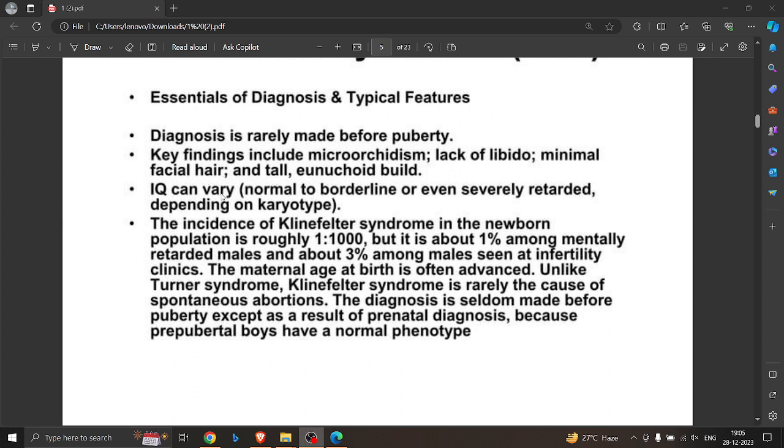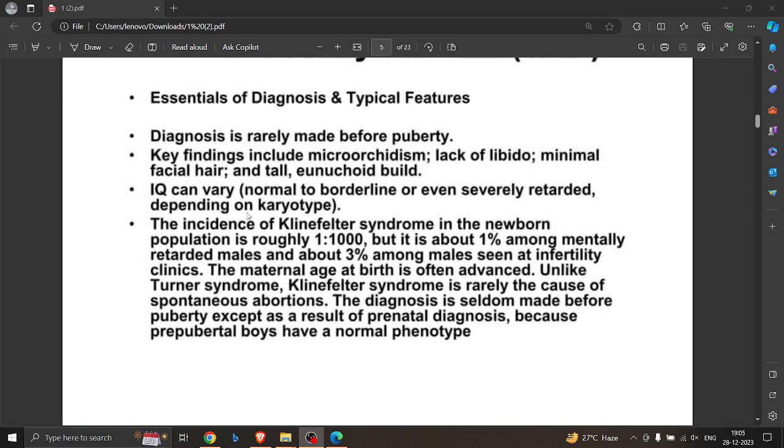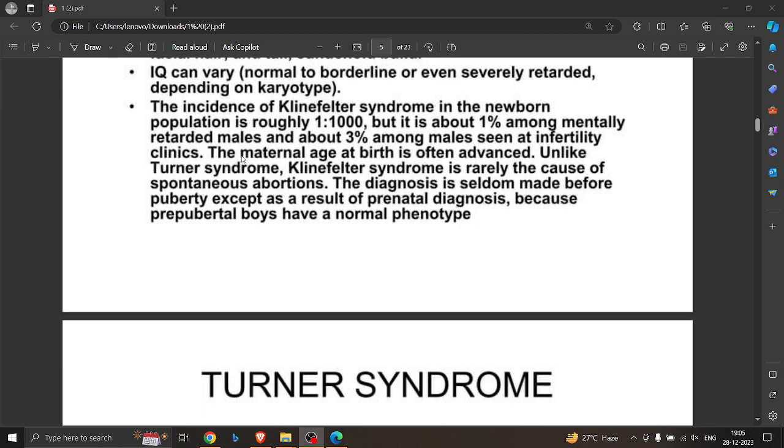Diagnosis of this syndrome is rarely made before puberty, and the incidence in the newborn population is roughly 1 in 1000, but it is about 1% among mentally retarded males and about 3% among males seen for infertility. The maternal age at birth is often advanced. Unlike Turner syndrome, Klinefelter syndrome is rarely the cause of spontaneous abortions.